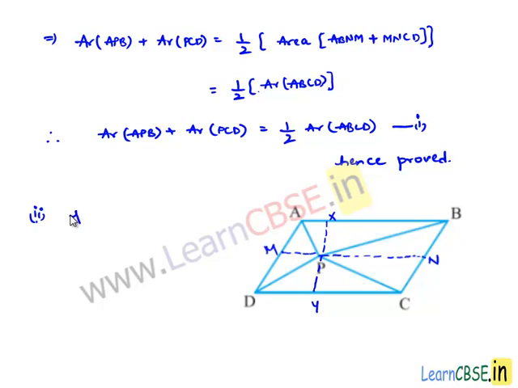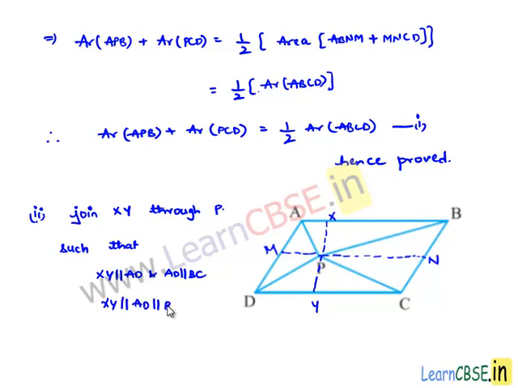Therefore, XY is parallel to AD, and as AD is parallel to BC, we can say XY is parallel to both AD and BC.